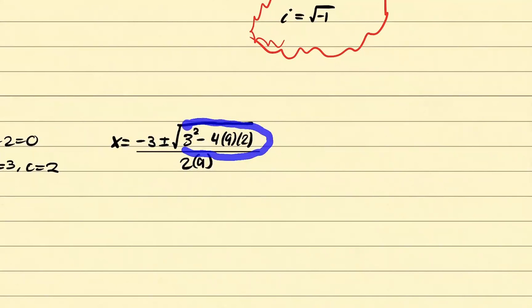Any suggestions? Yeah, there's going to be a negative number in there. So we can predict that we're going to get imaginary numbers based on just this term inside here, which is actually going to be really useful for us in a second.